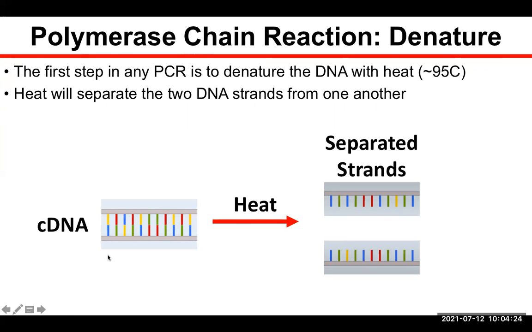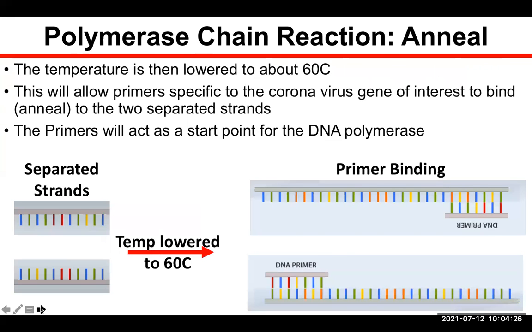The whole point of separating the strands is so you can add a primer to your sample. During the next step, the thermal cycler is going to lower the temperature to about 60 degrees Celsius. This is a typical temperature at which primers will start to bind to the separated strands of the DNA.